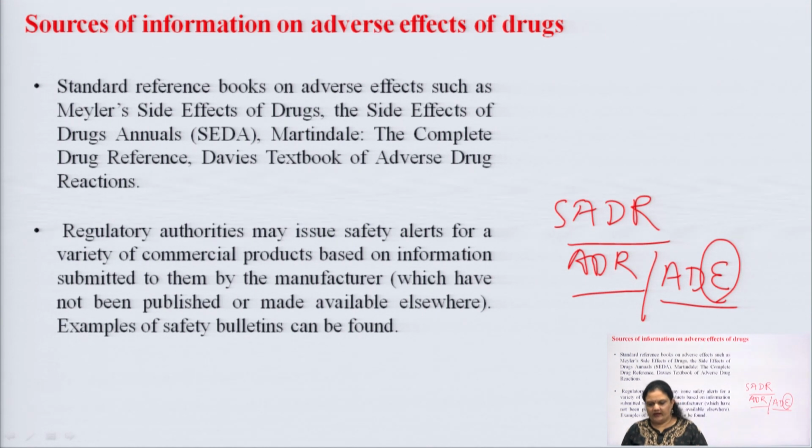Nothing is ideal; everyone has a little demerit or limitation associated with it. The drug is also associated with desirable and undesirable effects. Undesirable means the adverse drug reaction, or sometimes adverse drug effect or adverse drug event.